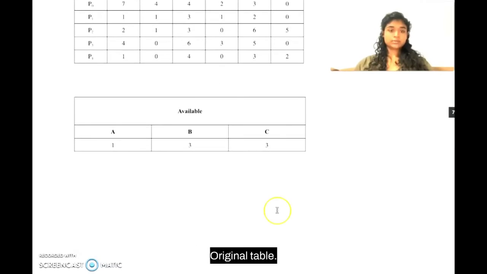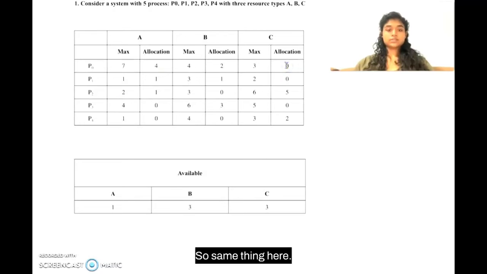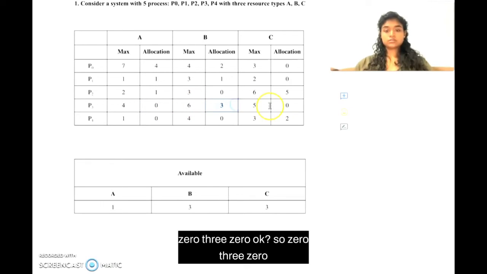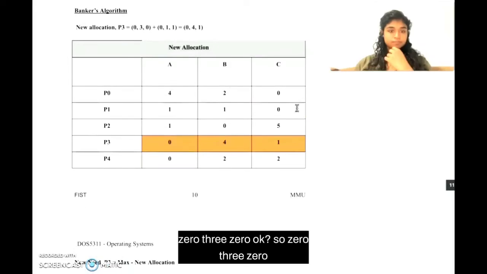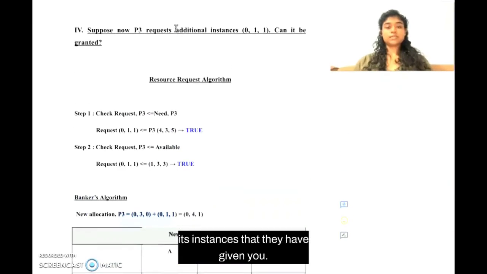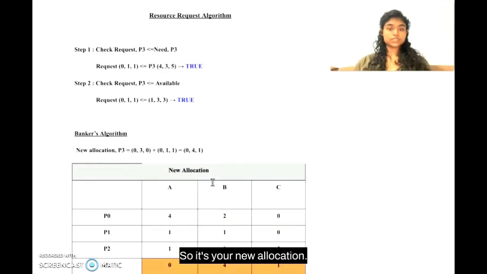For your allocation, this is the original allocation table that we found just now. You see process 0 is 4, 2, 0. Same thing here for process 3, you have 0, 3, 0, plus 0, 1, 1 from the instances that were granted. That's your new allocation.